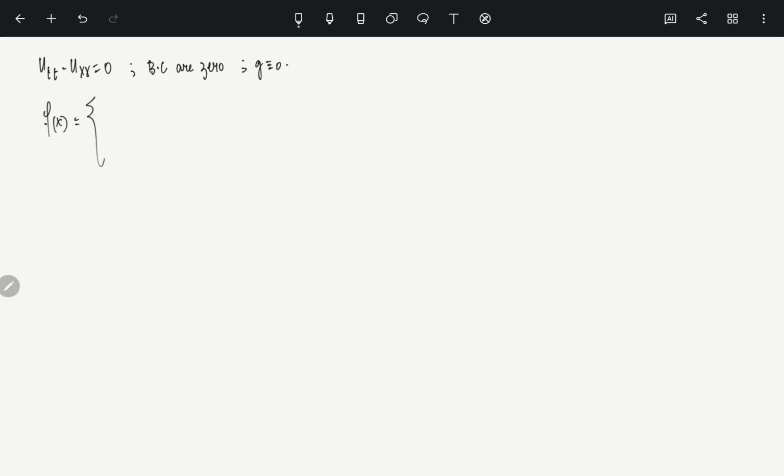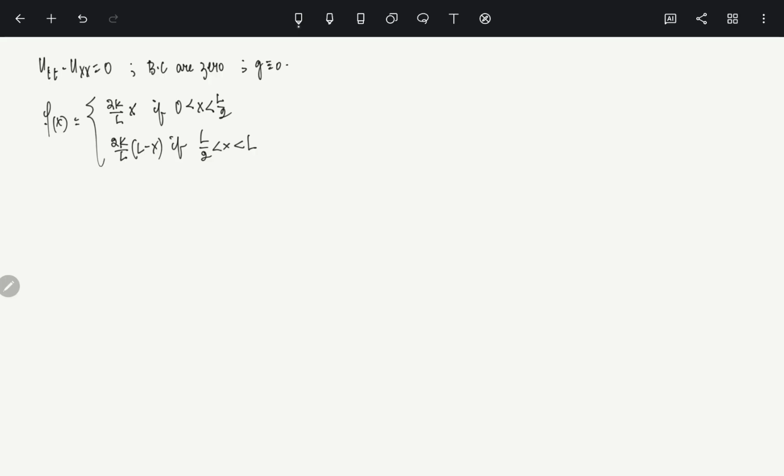The only thing is we put some condition on f. Let's say f of x is 2k by L times x if 0 less than x less than L by 2, and 2k by L times (L minus x) if L by 2 less than x less than L. We want to find the solution in this case.